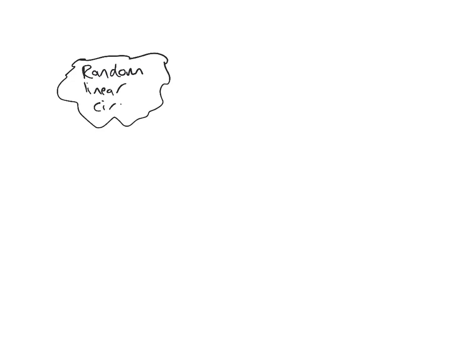Thevenin's theorem and Norton's theorem both tell us that if we have a random linear circuit with two terminals that we can connect to, then these random linear two-port networks can be represented either by Thevenin's theorem or by Norton's theorem.